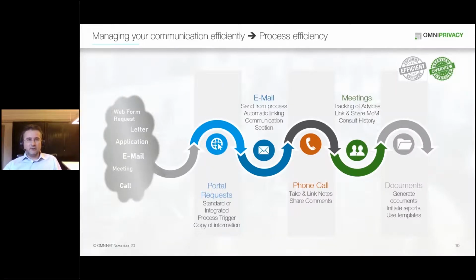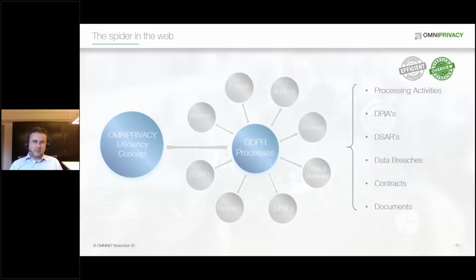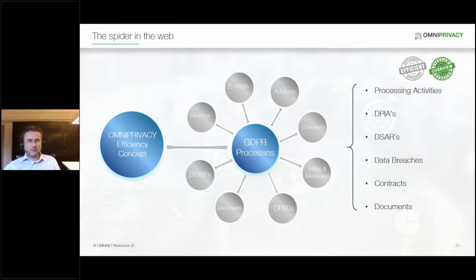It's a lot more efficient to be managed in the application. And this leads us to a situation where everything around the process, all the interactions, and I call that the spider in the web, is gathered around this specific process, and that's what we call the efficiency concept within OMNIPRIVACY.